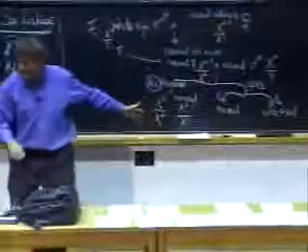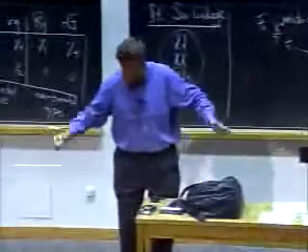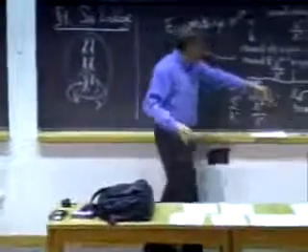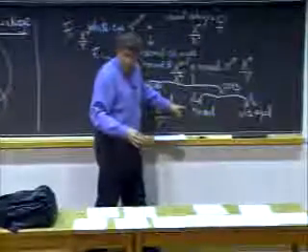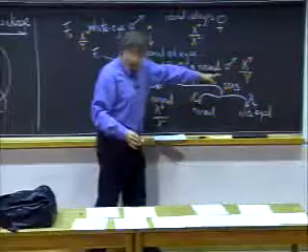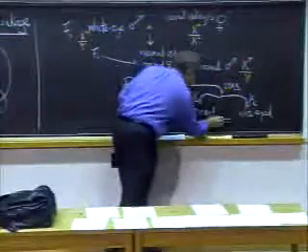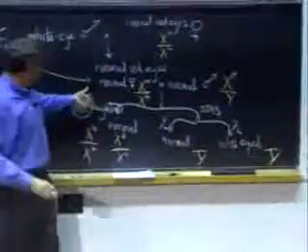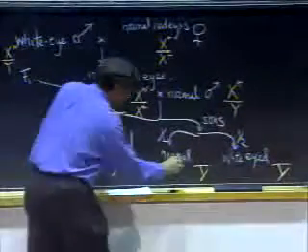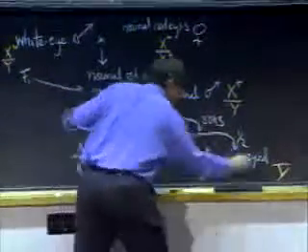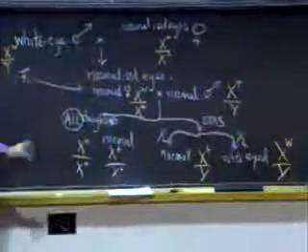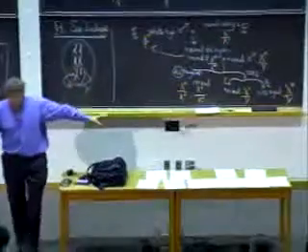Either way, they're normal, because we're assuming that this white-eyed mutation is recessive. What did the sons get? What did they get from their dad? A Y. Why don't they get the X? Because they're sons. What did they get from their mom? Half of them get the X plus, half of them get the X mutant, and that explains cleanly what's going on.